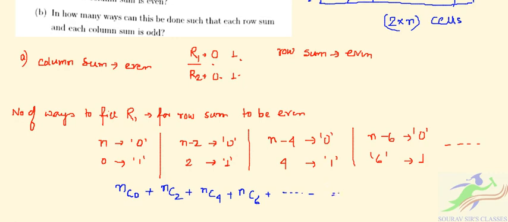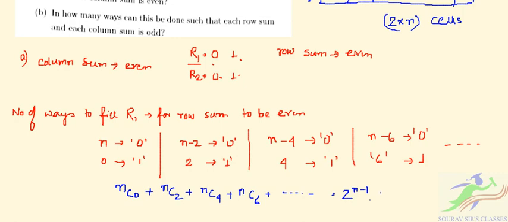We know that this will be equal to 2 to the power n minus 1. Here n may be an even number or an odd number. So the number of ways to fill R1 will be 2 to the power n minus 1 for the row sum and column sum to be even. So this is part A.